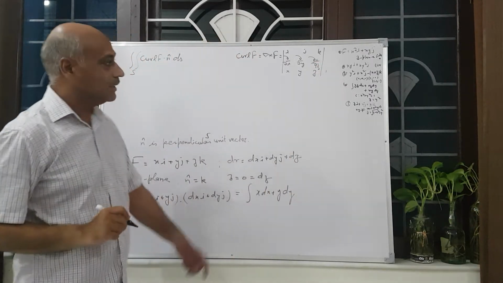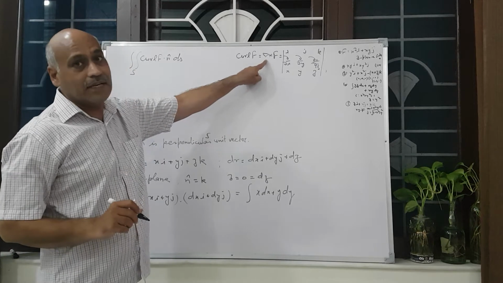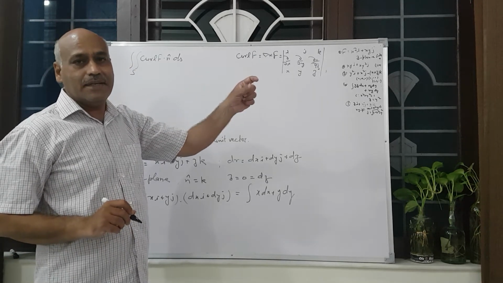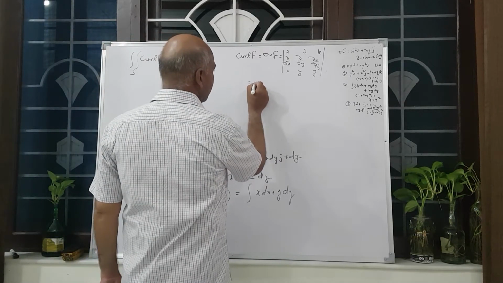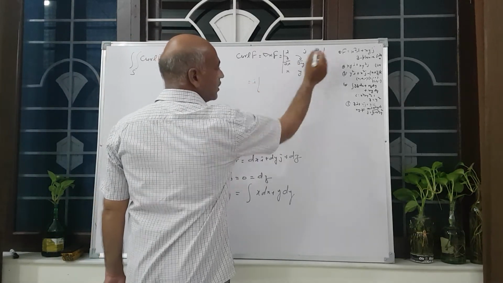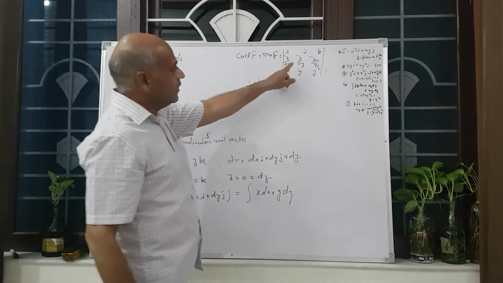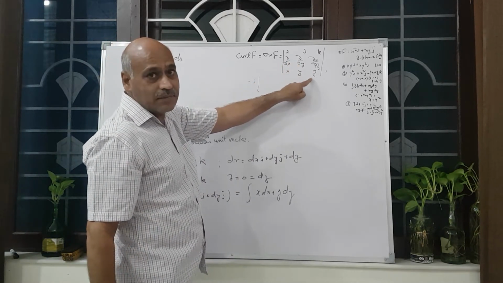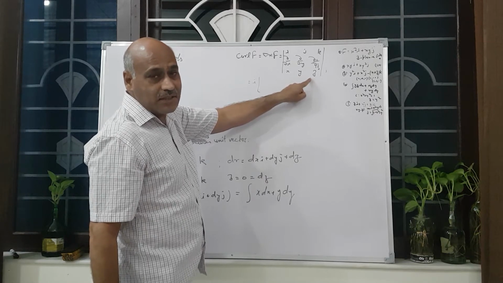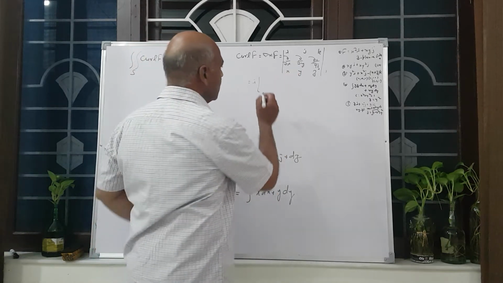So to find i, this row and this column are eliminated, so del by del y of z, the partial differentiation of z with respect to y, becomes 0.